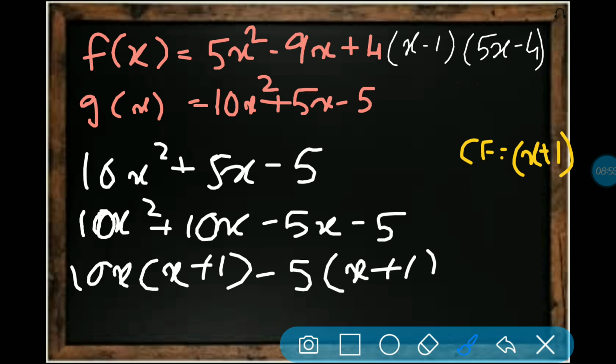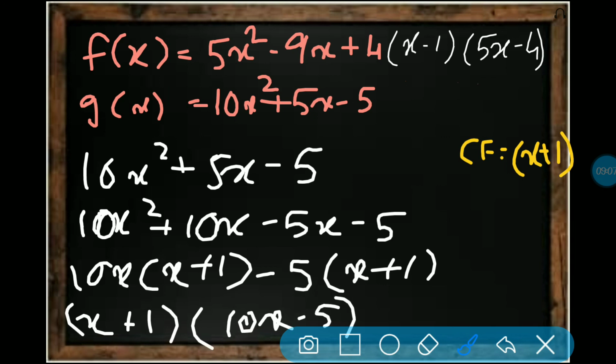Minus into minus is plus, right? So we get x plus 1 and 10x minus 5. Once you check, the common factor is not x plus 1 for both. Here x minus 1 is there, and here x plus 1 is there.